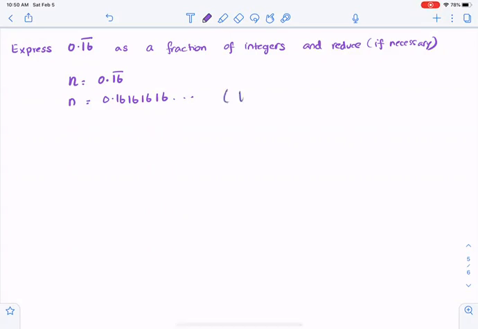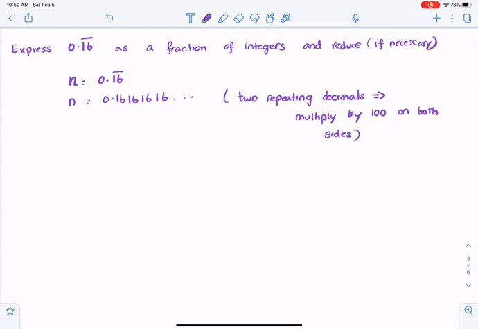So we multiply by 100 on both sides. So 100n would be equal to 100 multiplied by 0.161616, which would be 16.1616, because when you multiply 100 by a decimal, we move the decimal point two places.